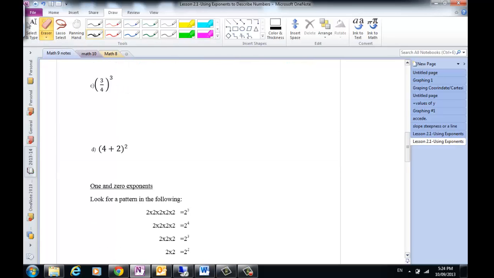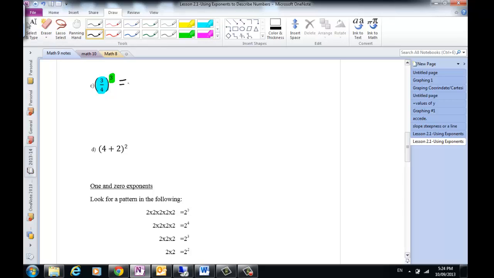Okay, so C, we can rewrite this. With C, our exponent is 3. And it's touching the bracket, and therefore it's affecting everything inside of the bracket.